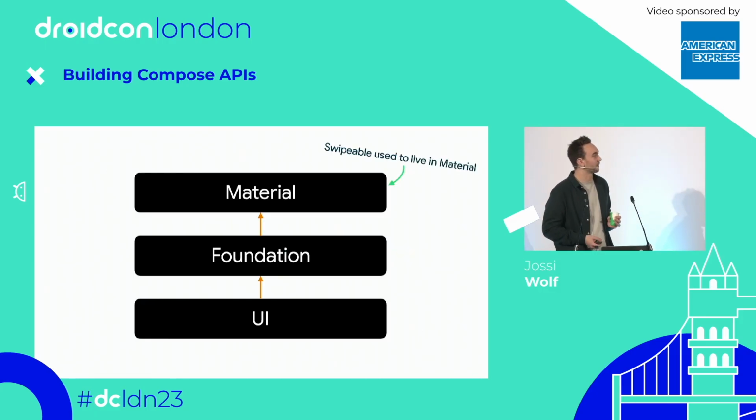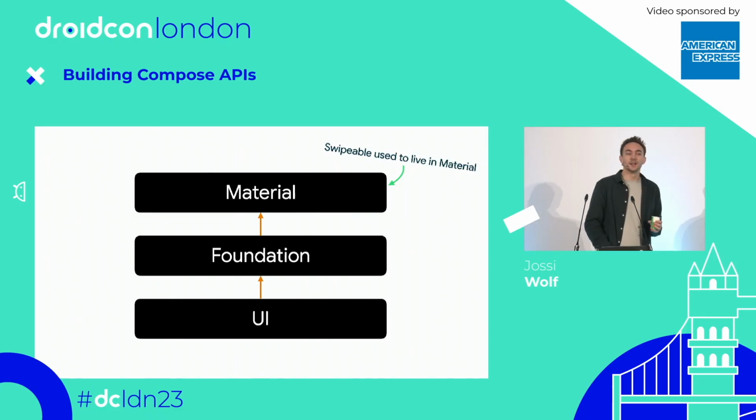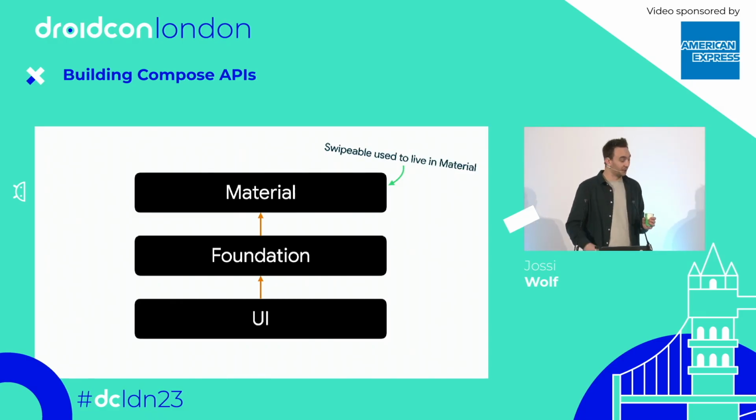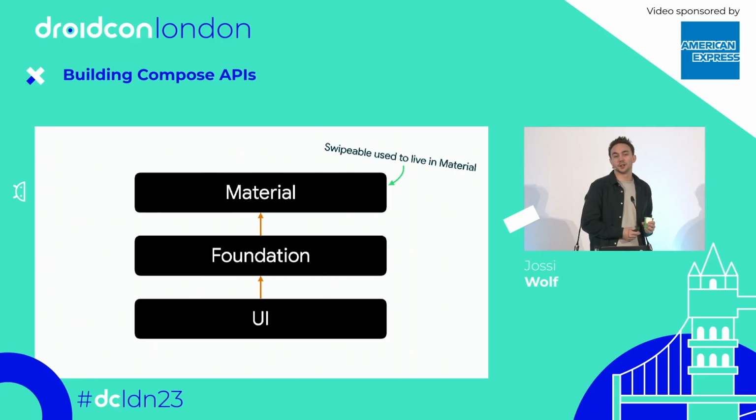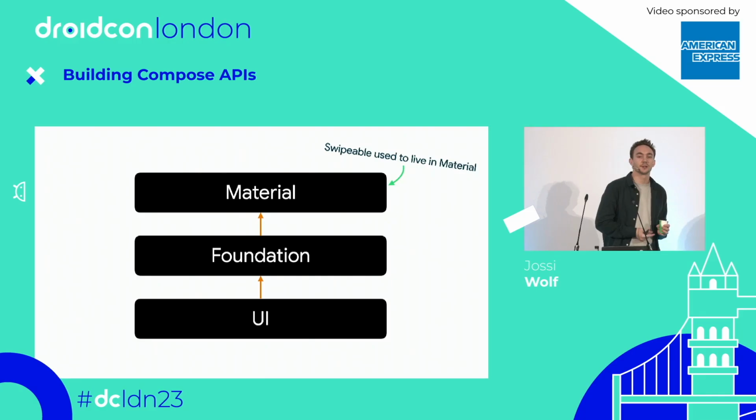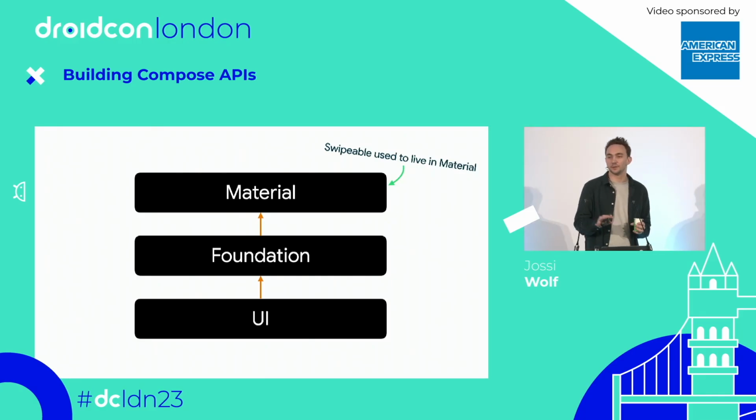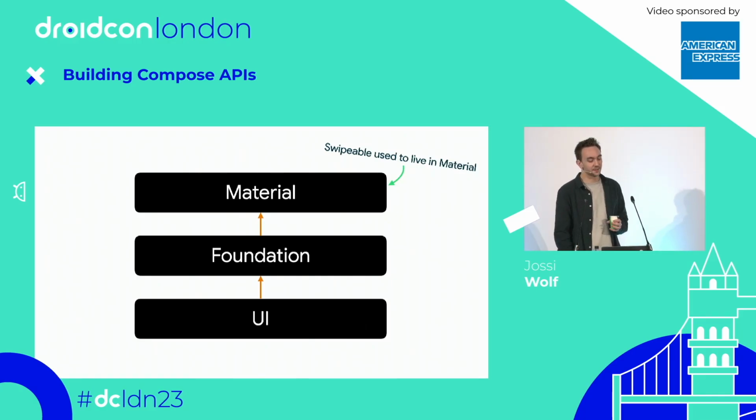In Compose, we have the same setup, right? We have UI, which is kind of the very, very basic, and of course, below that, we have runtime and compiler things. And then we have foundation, which are ready-to-use components. And then we have material, which are really these opinionated components that already look like a certain thing and all fit a consistent theme.